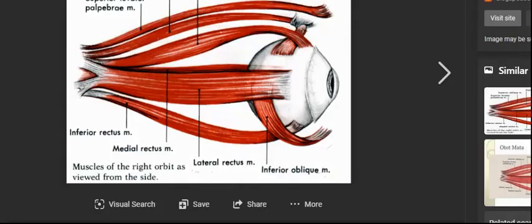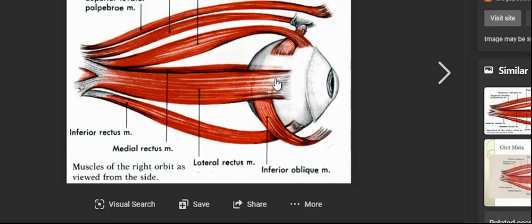Here's a different picture that might help you a little bit with the other muscles that are attached to the sclera of the eye. And here is the oblique. The inferior oblique, obviously, is at the bottom, and you have a superior oblique. And then we've already talked about the inferior, medial, lateral, and superior rectus muscles.